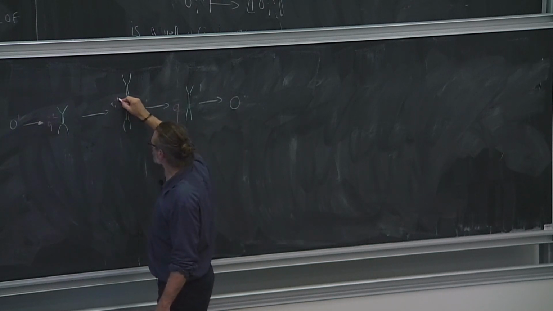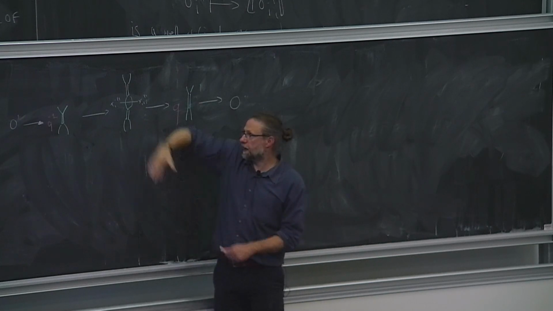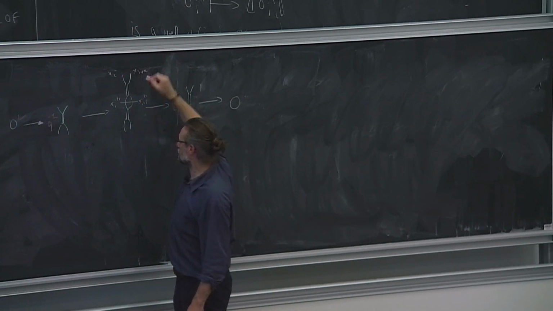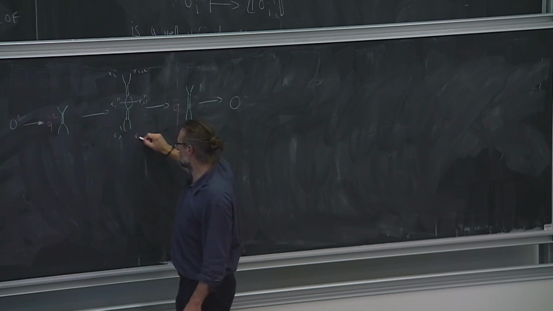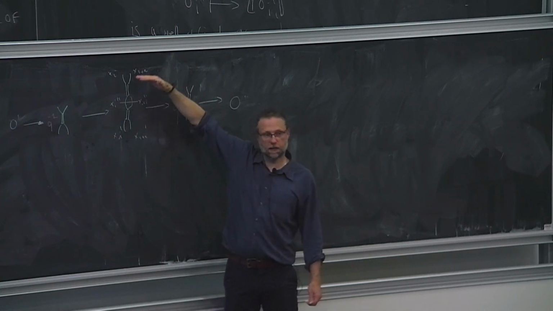This is xi double prime, and xi plus 1 double prime. What I care about is the action on the top by xi plus 1, and this is xi prime, xi plus 1 prime. I act on the left with the prime, I act on the right with the prime.